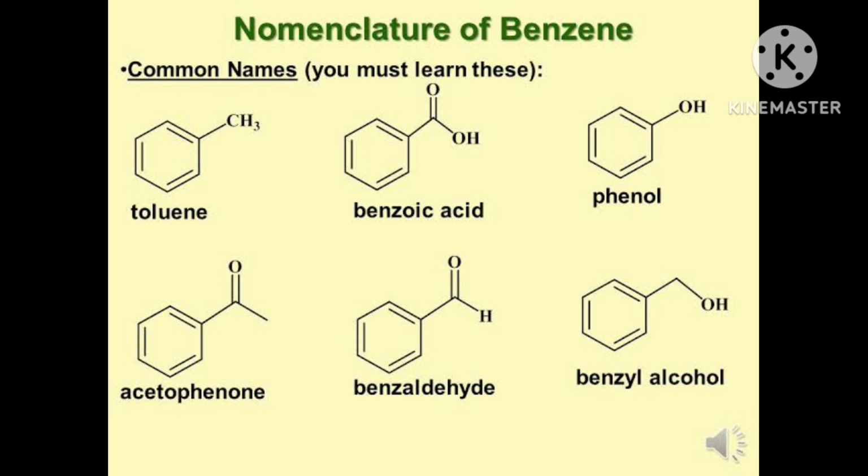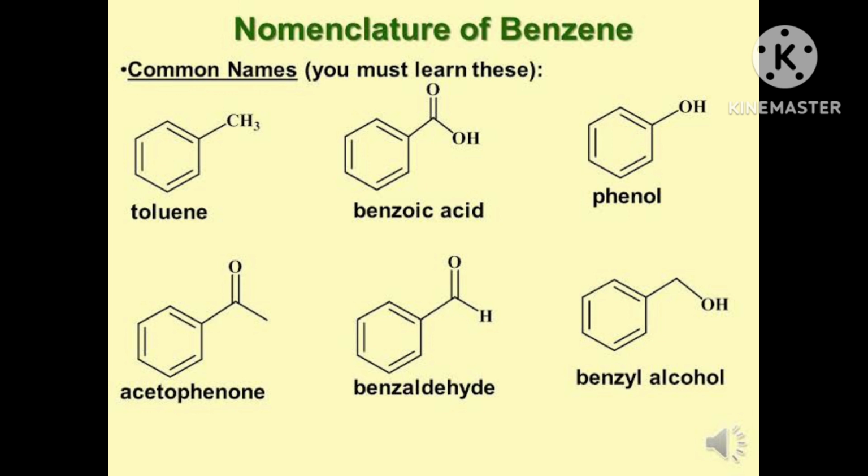Then how will you do the nomenclature? You should follow the alphabetical order. According to the alphabetical order, chloro starts with C and nitro is N. So you start the nomenclature with chloro.